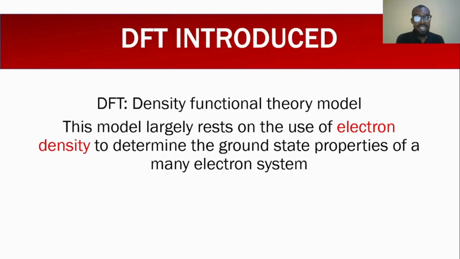So if you have a system that has a lot of electrons, instead of tracking the energy of each electron individually, the density functional theory model simply takes the electron density of that system. And the thing is that it's easier to get and it's faster. And then it uses this electron density to determine the energy of that system and other properties.